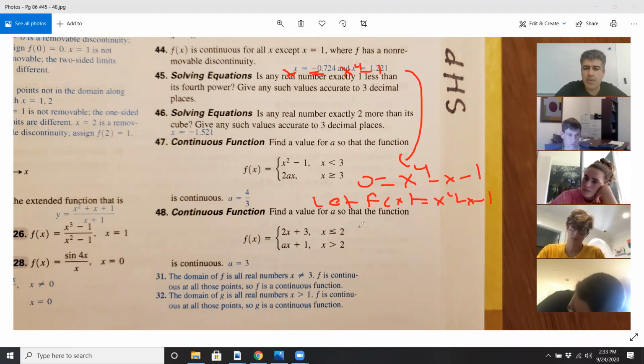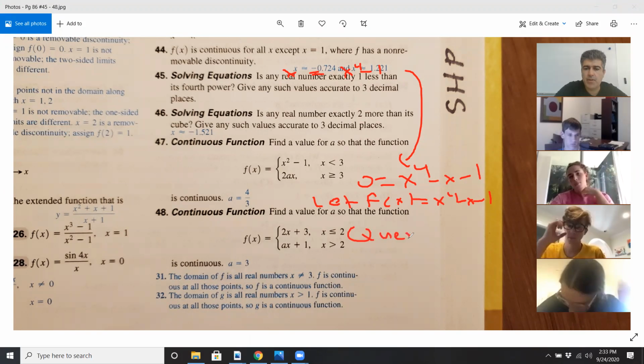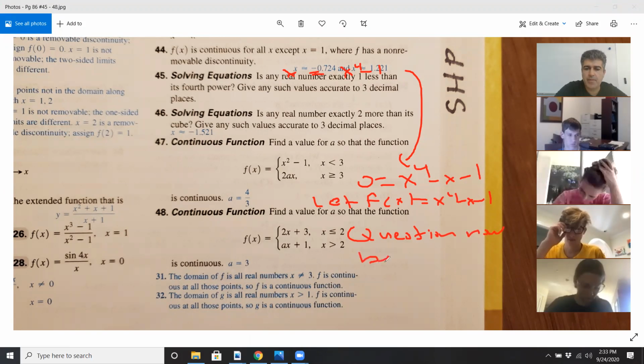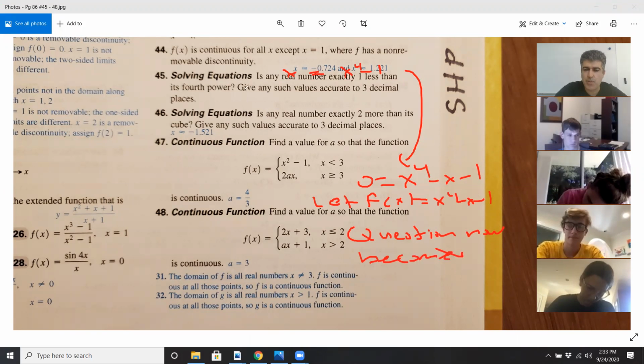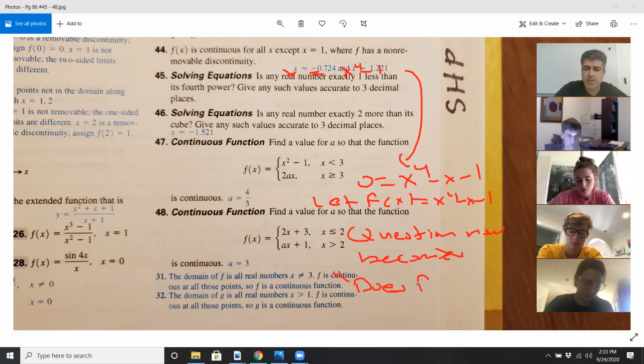If you do that, the question changes. The question now becomes, instead of the original statement, is any real number exactly 1 less than its 4th power? The question now becomes, does f of x equal 0?